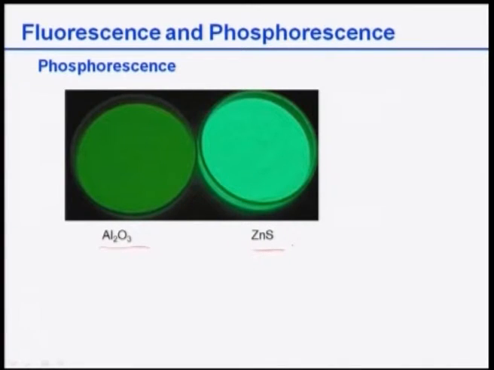What you see is that aluminum oxide does not phosphoresce, but zinc sulfide shows phosphorescence. These two things are well known and you have probably observed them in real life. Many minerals in this world give photoluminescence behavior.